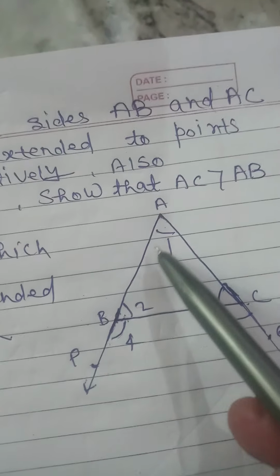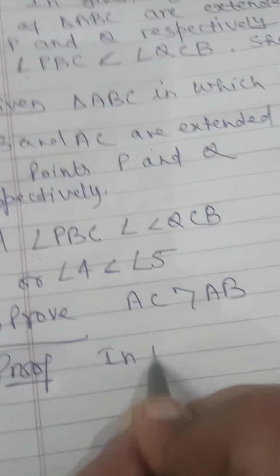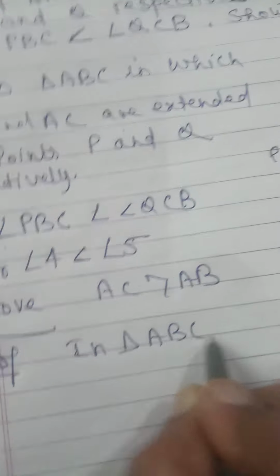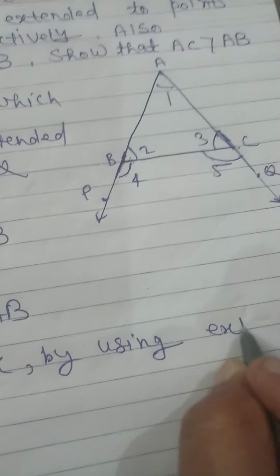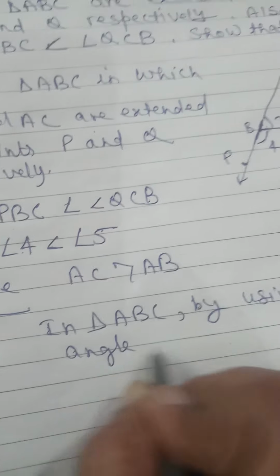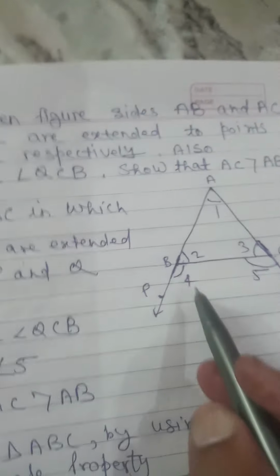So in triangle ABC, by using the exterior angle property, angle 4 is the sum of the opposite interior angles. This is called the exterior angle property.